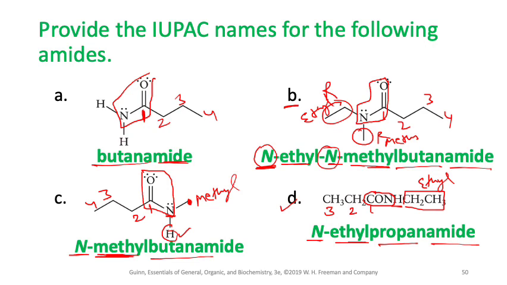And if you want to draw the structure, you can draw it like this: CH2, C double bond O N, H CH2CH3. So this is your amide, and on the nitrogen you have an ethyl group, so that's why it's N-ethyl propanamide. So this is how you normally write the name of the amide molecule if the structure is given.